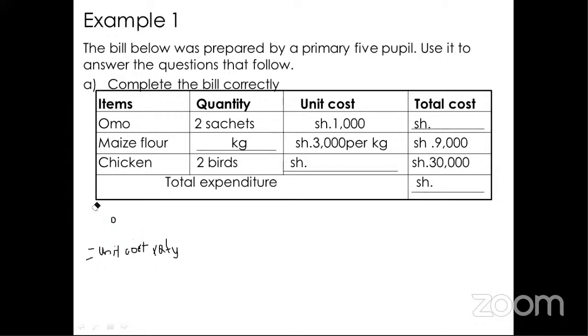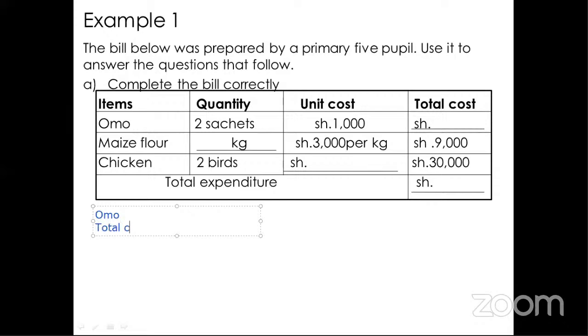Let me write it properly so that you can see clearly. So I said in number 1, we are missing what we call Omo. Now for us to get Omo, what is missing under Omo is total cost.